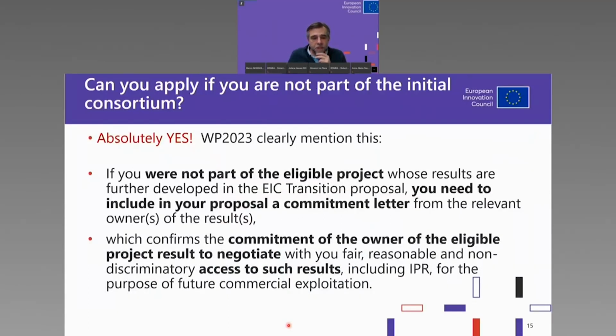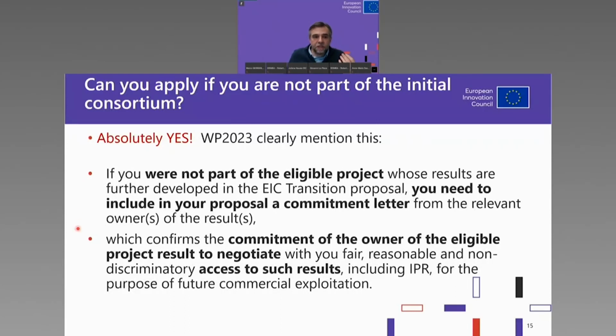One of the questions that comes up from time to time is, can an entity who wasn't involved in a Pathfinder project or Horizon project submit a transition? And the answer is yes. The typical way to do that is this entity needs to connect, talk to a participant in the project that generated the technology.